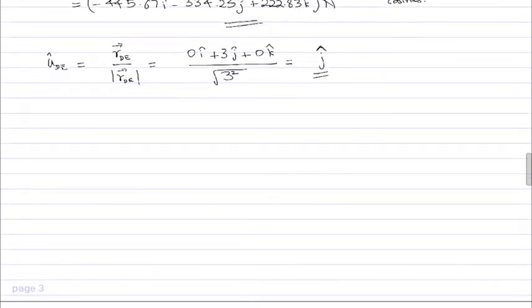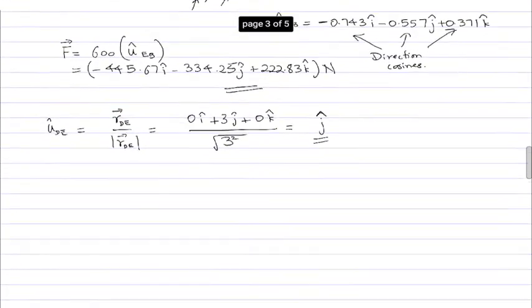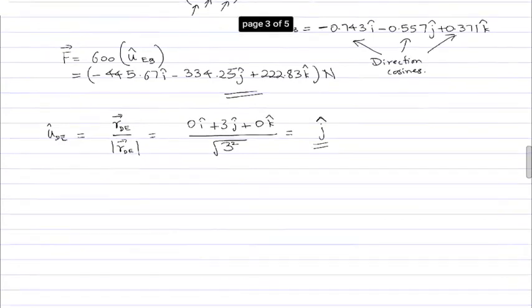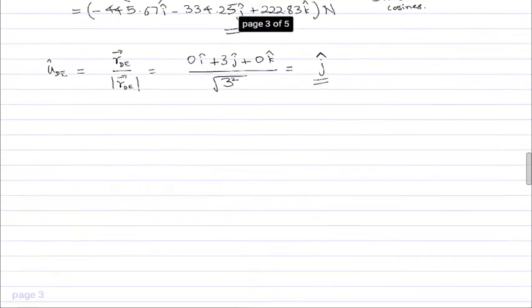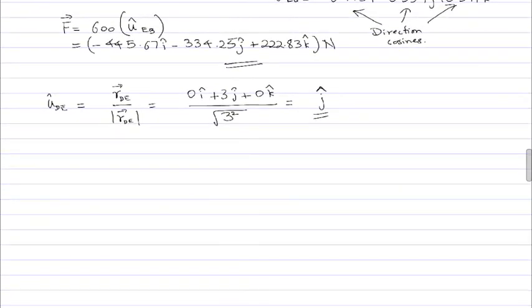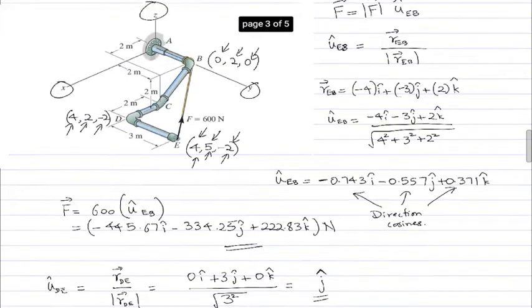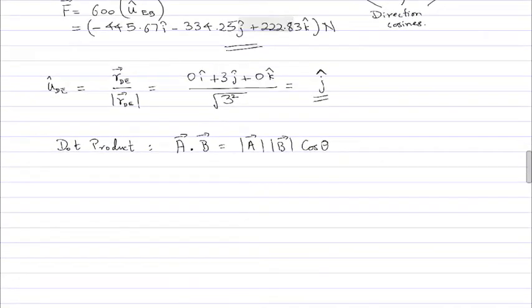So once you have that, to find the component of the force F in the direction of DE, we just use the dot product. Remember, the dot product of two vectors, A dot B, is magnitude of A times magnitude of B times cosine theta. Theta is the angle between the two vectors.